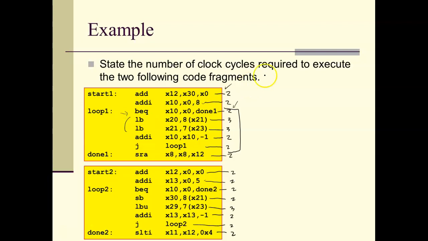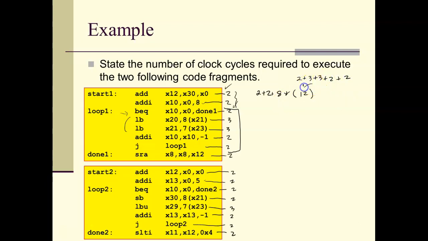Summing these up, I got 2 plus 2, which is these 2. Then I got 8 times whatever's in the loop. It's 2, 4, 6, 8, 10, 11, 12. Let's do that again. 2 plus 3 plus 3 plus 2 plus 2 is 12. Make sure that's right.